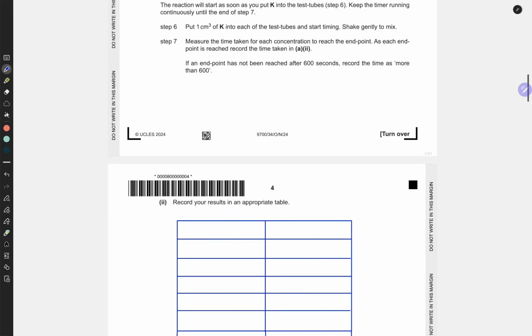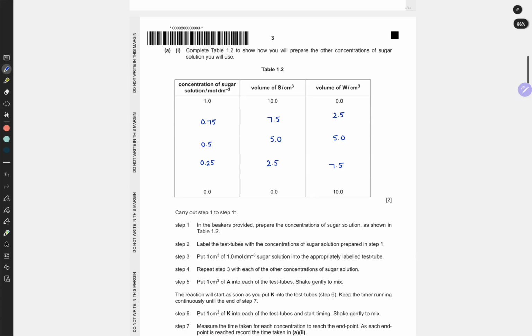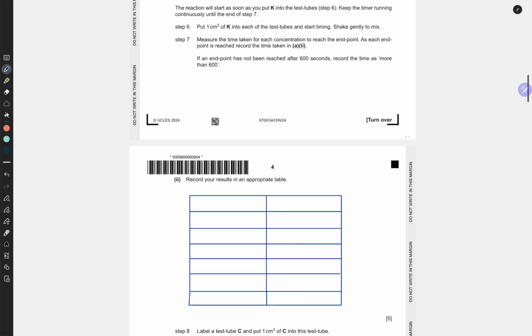So the heading, on the left side, the independent variable, which is the concentration of sugar solution, and don't forget the units, which is mol dm^-3.